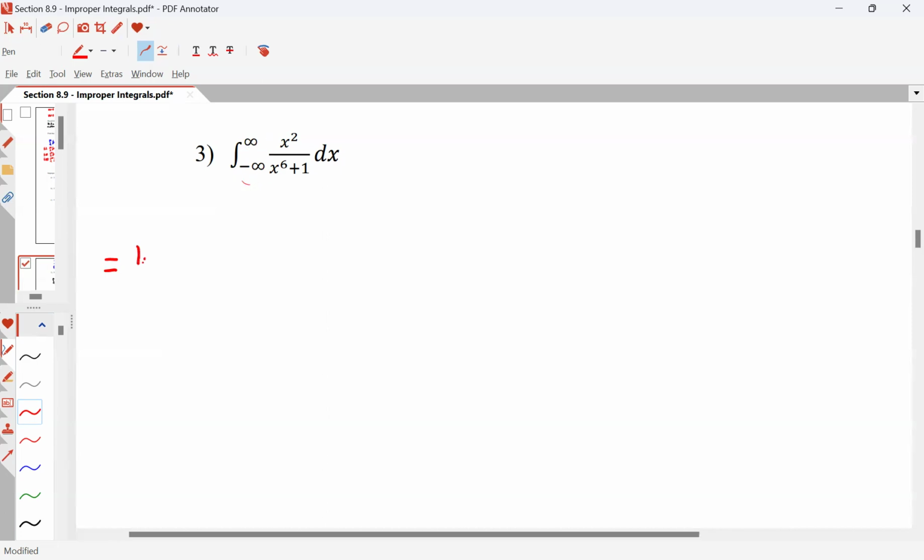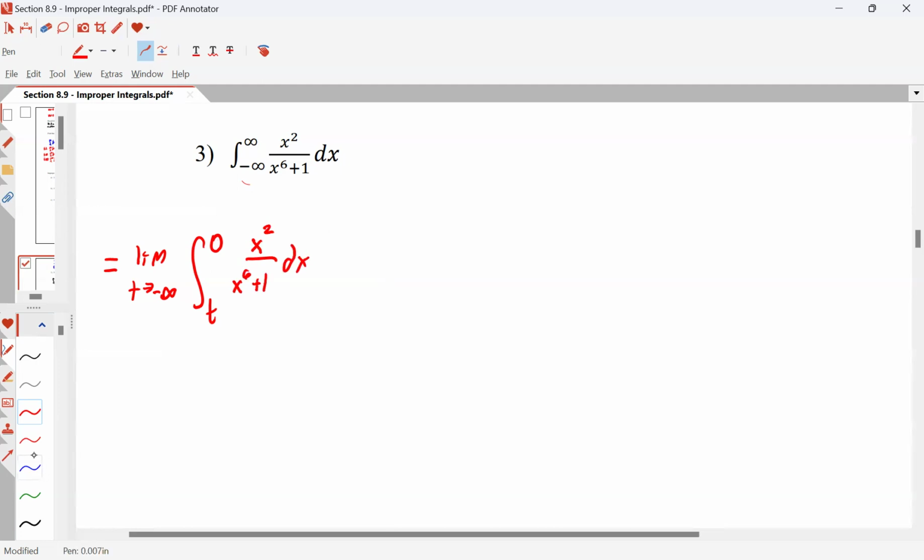We're going to have the limit as t goes to negative infinity of our lower bound to some number. We can really use any number. 0 often is going to be the best, but we can pick any number. I'm going to pick 0, of x squared over x to the 6th plus 1 dx.